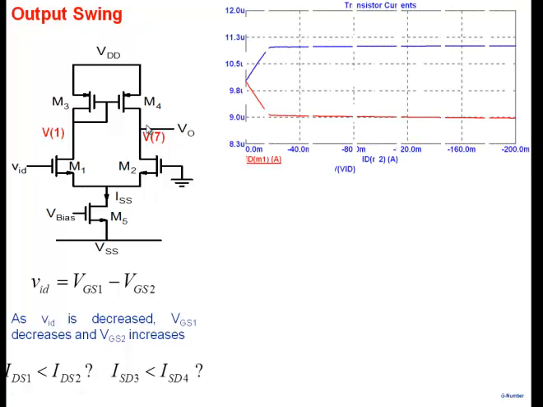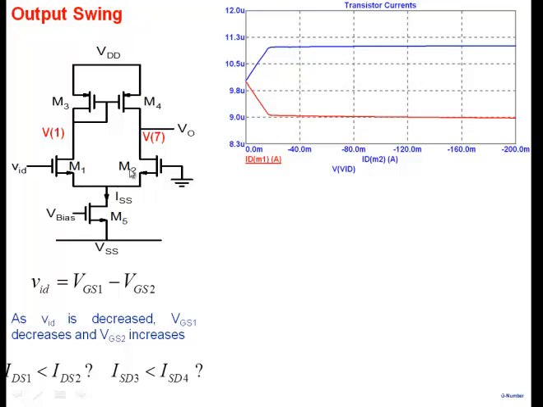Okay, so see what happens here as I make my VID negative. I start from 0, minus 40 and all of that. So see what happens to the two currents here. We want ID M1 to become small. It does become small, but not by much.